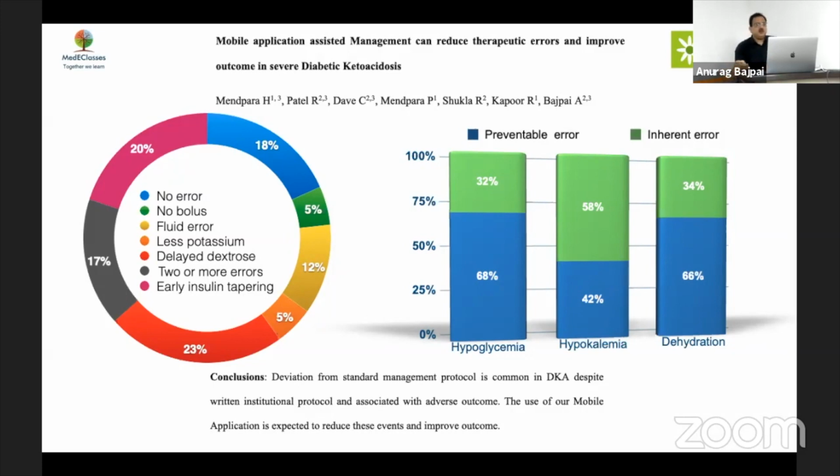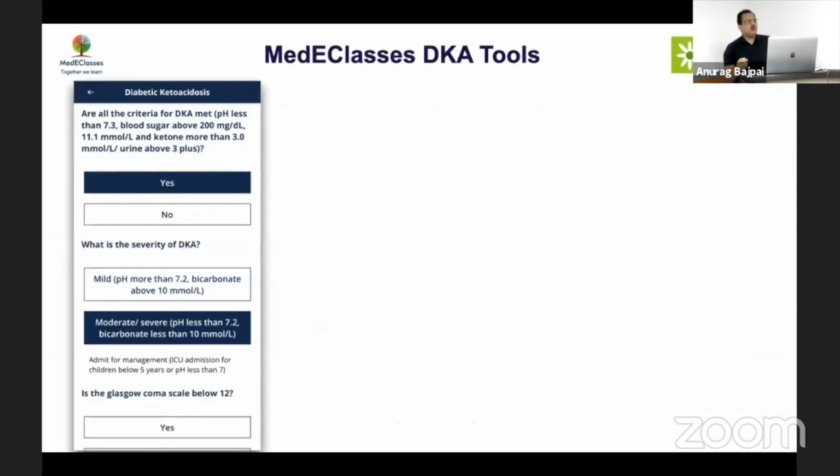So you can go through the application and what we do in terms of various tools. This is a diabetic ketoacidosis management tool in which you answer specific questions in the form of yes or no, and it will take you through the management algorithm completely as per the ISPAD protocol, with some modifications based on our own study.